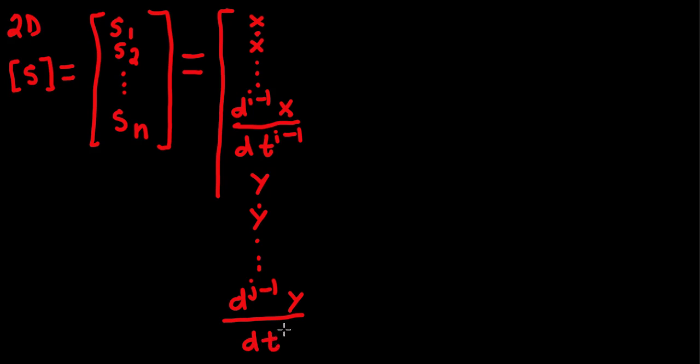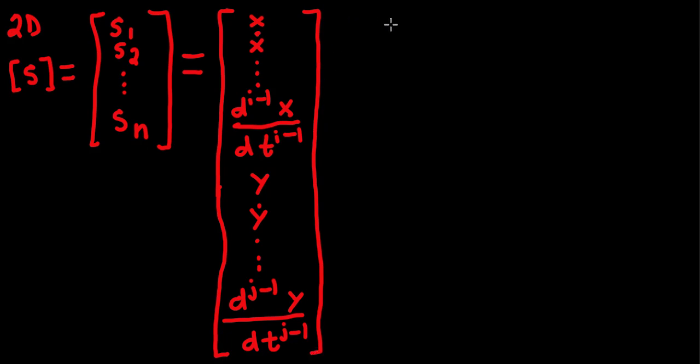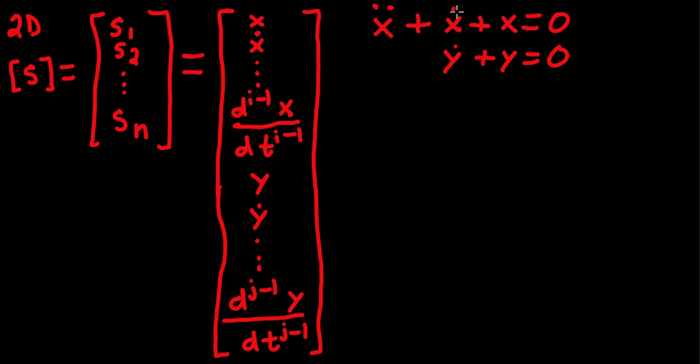And the reason you'll see me using i and j here is that I want to make it clear that the highest order derivative of x is not necessarily the highest order derivative of y. So let me kind of show that through a physical example. If I have x double dot plus x dot plus x equals 0, and I also have y dot plus y equals 0, then in the system of differential equations, the highest order derivative of x is 2, so i is equal to 2.